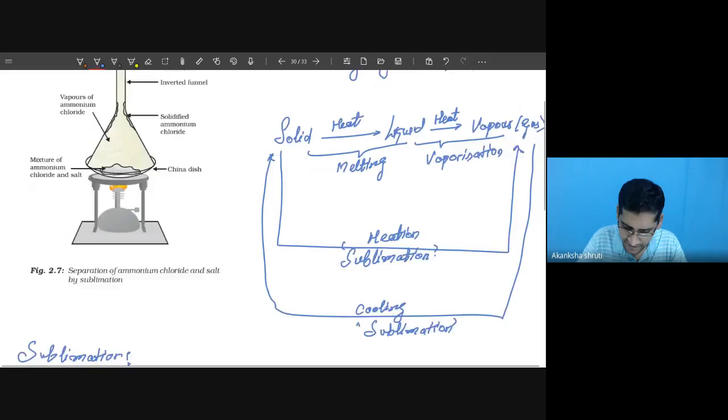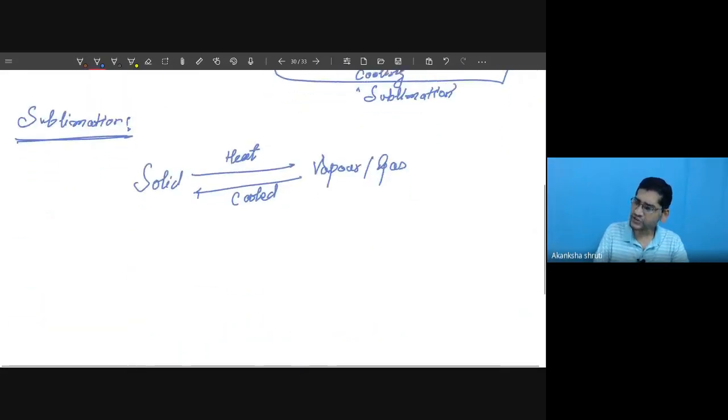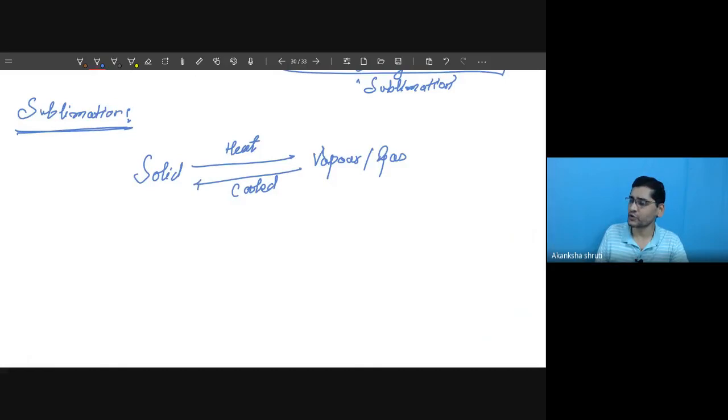But if there is conversion of solid into liquid and then into vapor, that cannot be called sublimation. Only a few substances undergo this process.